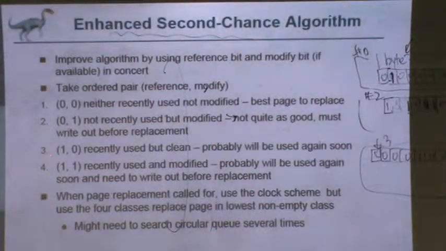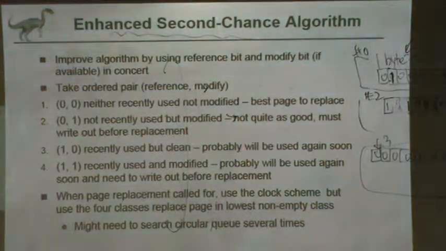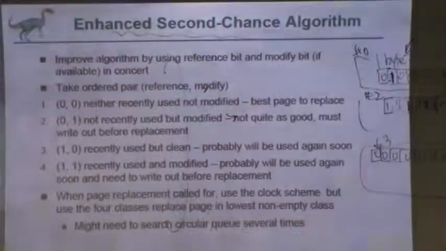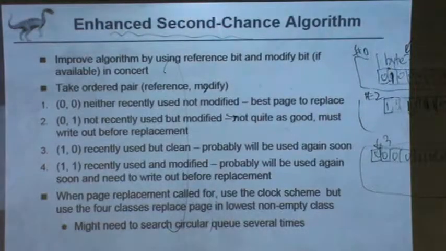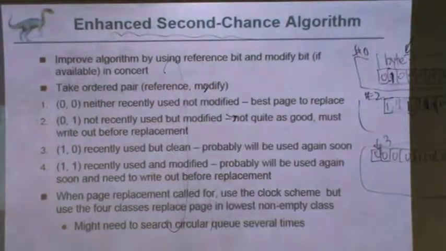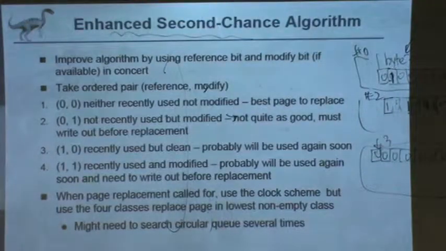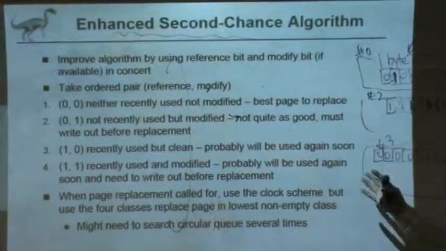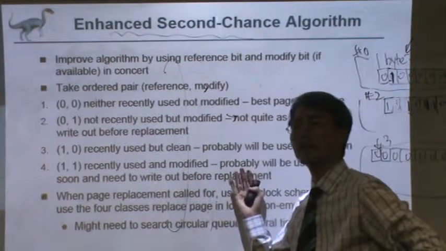And 10 means it's referenced but not modified. It will probably, maybe, be reused. Again, 11 means it's referenced and also currently modified by a process, which means if needed, we would like to keep it.